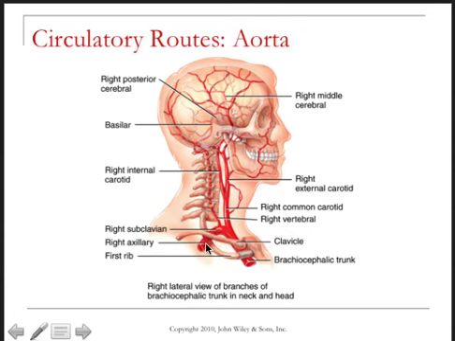And then if we follow the carotid, it branches into the external and the internal carotid. The internal carotid breaks medially and posteriorly. The external carotid breaks laterally and more anteriorly.